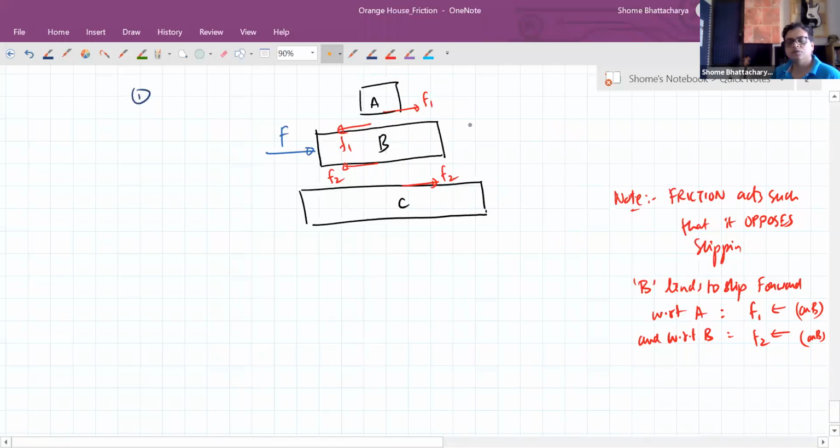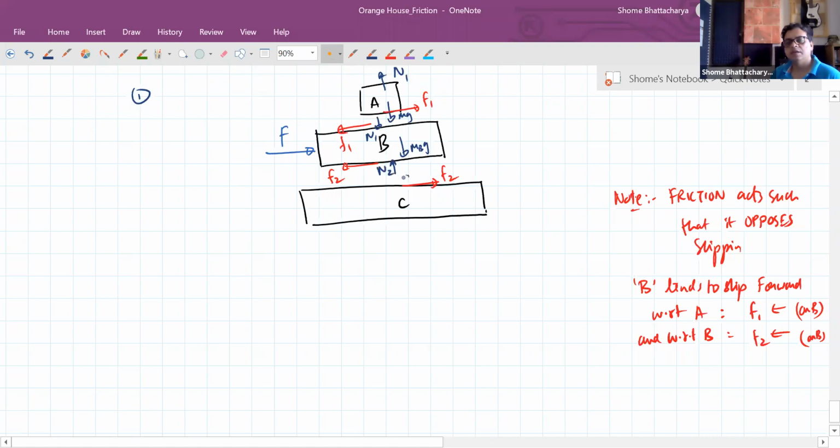Now you have to also see what the vertical forces are. Then on B, there will be N1 acting from top, its own weight, and N2 acting from below.